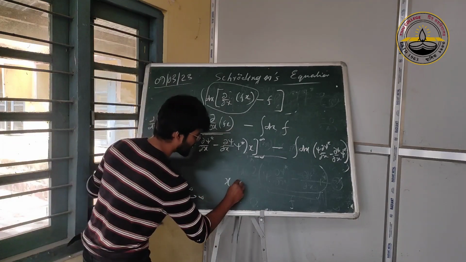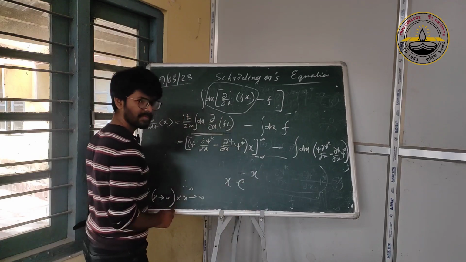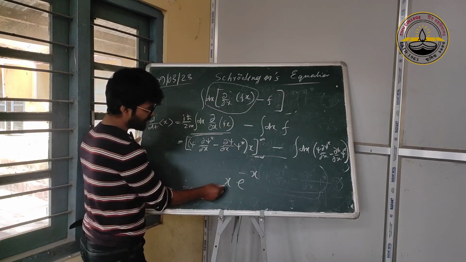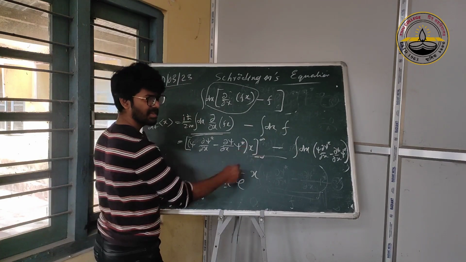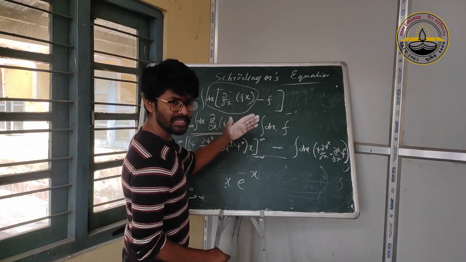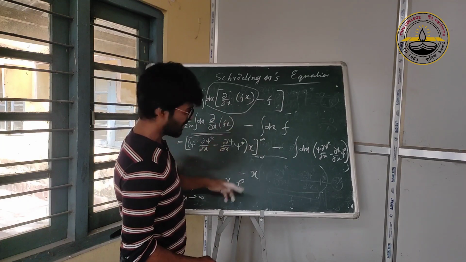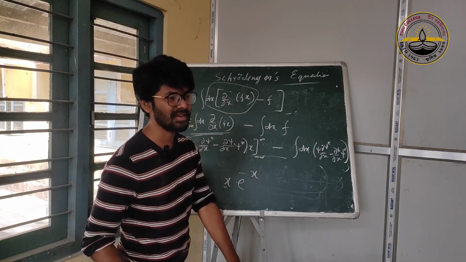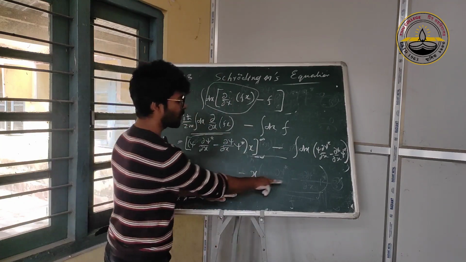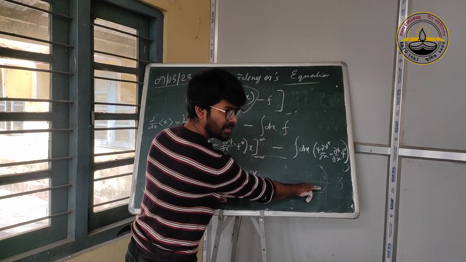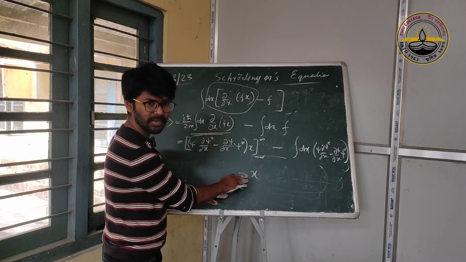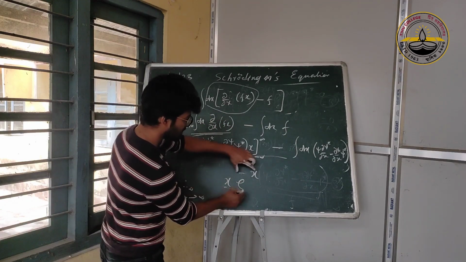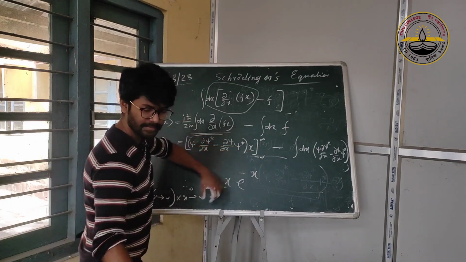It's something like x e to the power minus x. So even if your x is increasing, but it's increasing slowly, while e to the power minus x is dying faster. So even if x tends to infinity, this will never become infinity, this will be 0, because this thing will kill it.